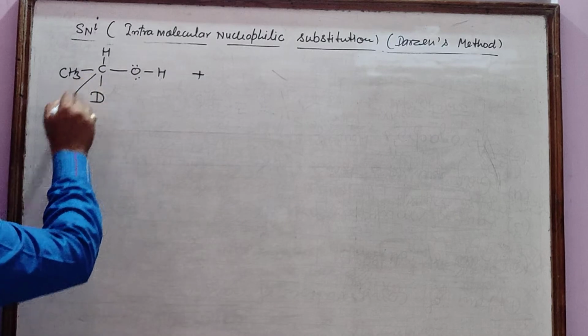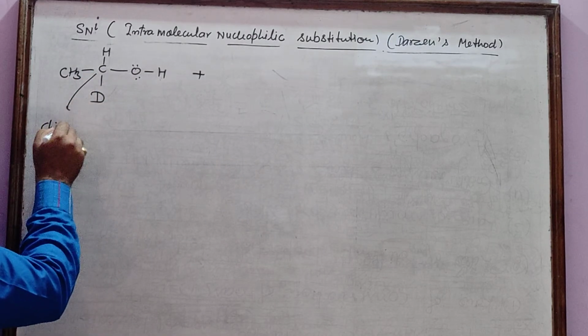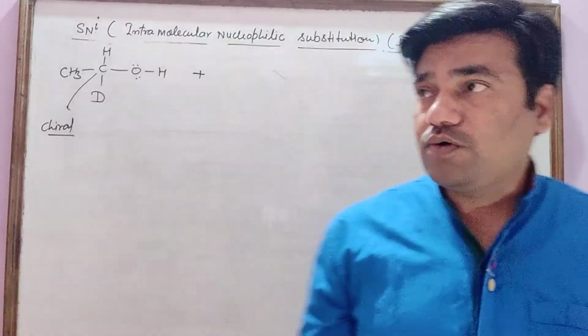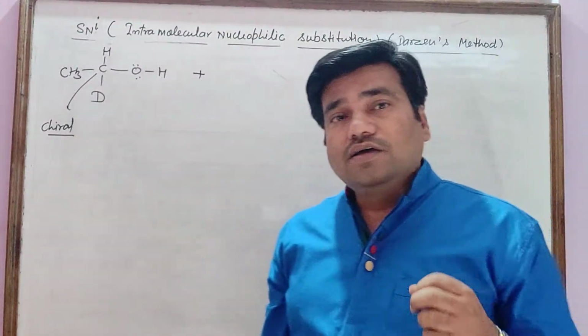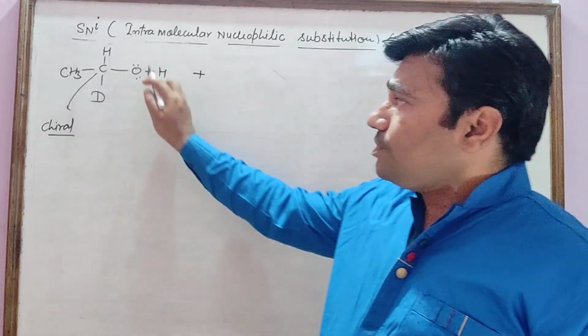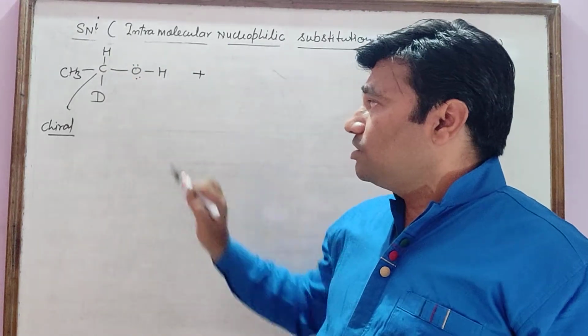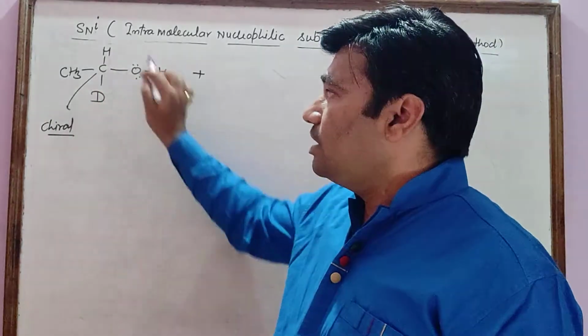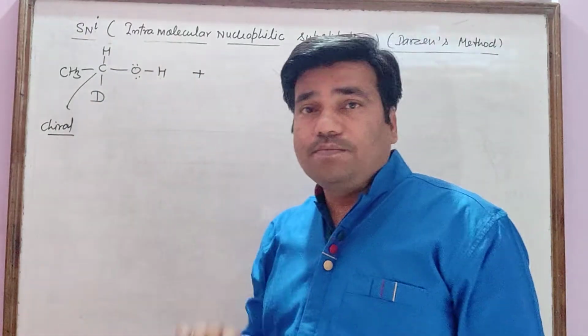This carbon will be a chiral carbon atom, so that is why this is a chiral compound, right? To understand the stereochemistry of this reaction, we will take this example, okay? Because this carbon is chiral, that compound will be a chiral compound, right?